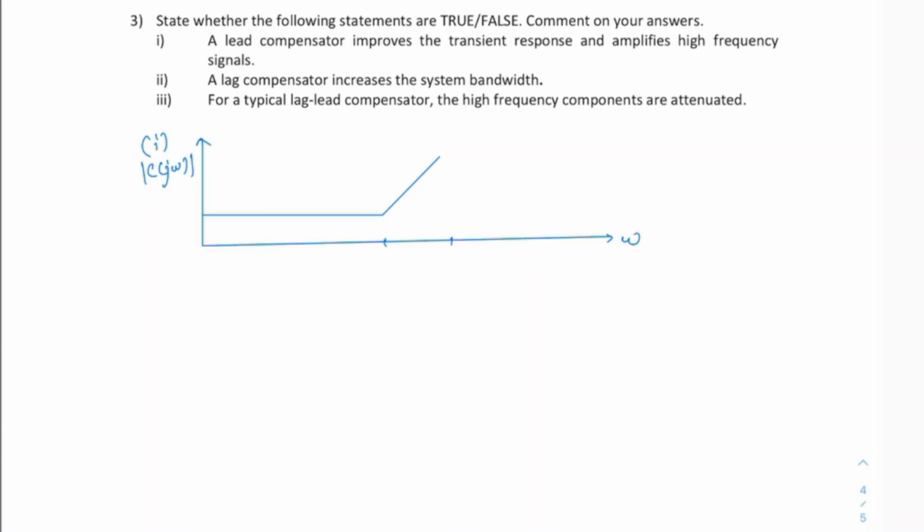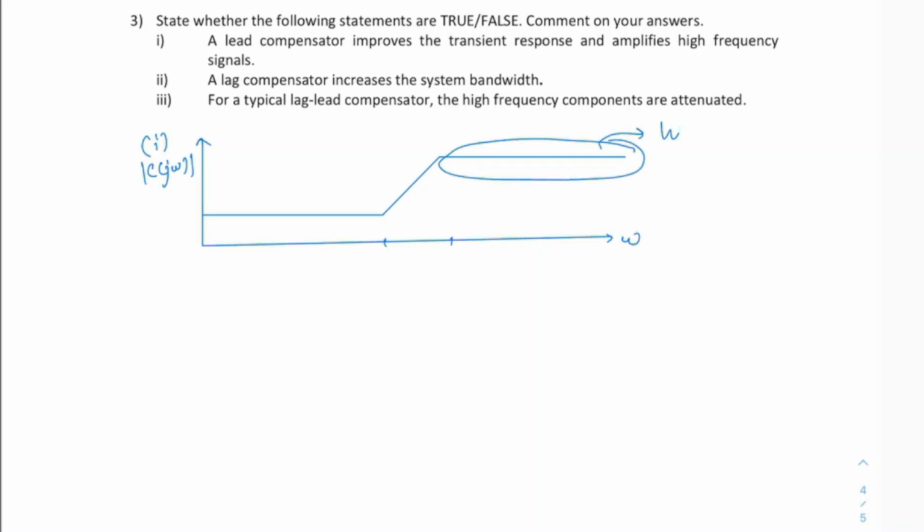All right, so great. Coming back to the Bode plot of the lead compensator, nothing happens to the low frequencies, and at the high frequencies, we get higher gain.